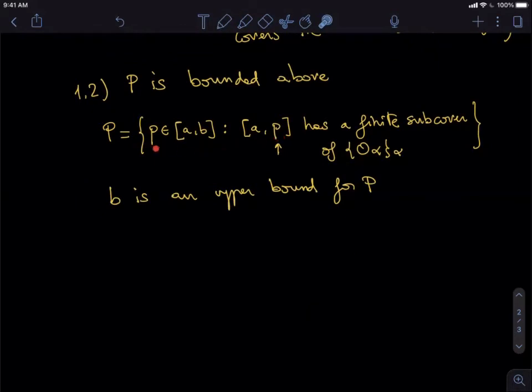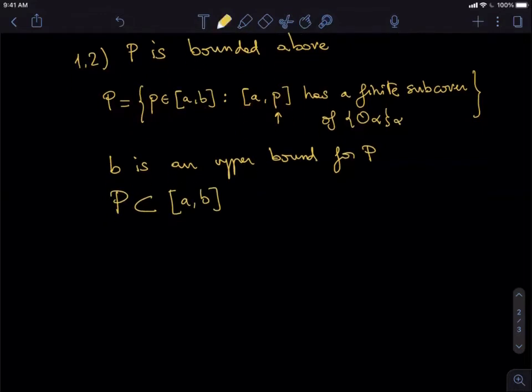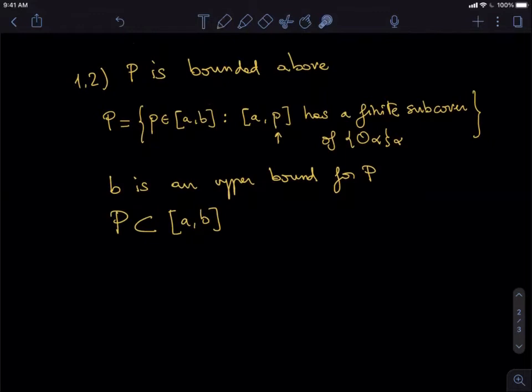Well, because P is a subset of AB, then for sure this P I wrote here cannot get any larger than B itself. Okay, if it did, it would be outside of the original interval. That cannot be. So we conclude that all the elements in P are going to be less or equal than B. Okay, that makes sense.